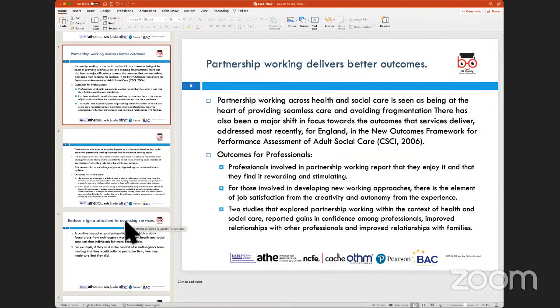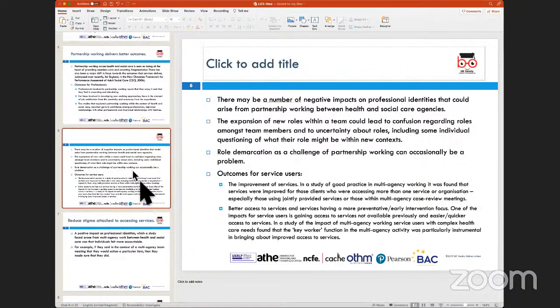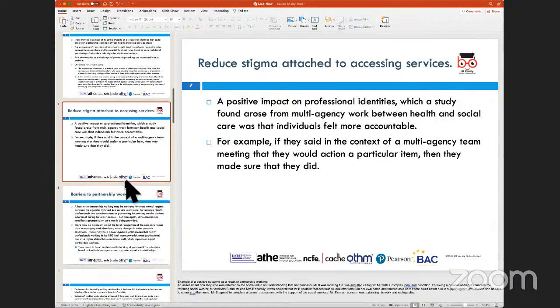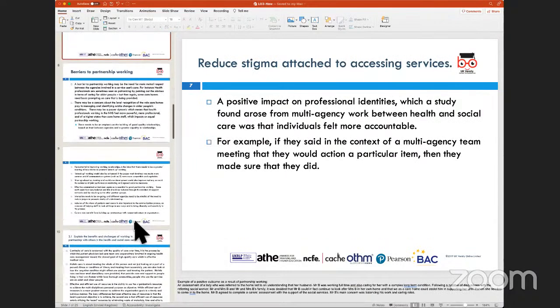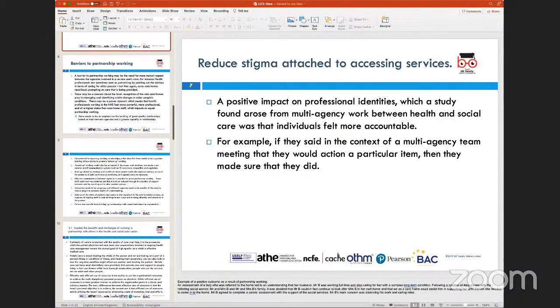Now, one of the other things that I want to look at is what are the challenges which can typically be faced when working in partnership.